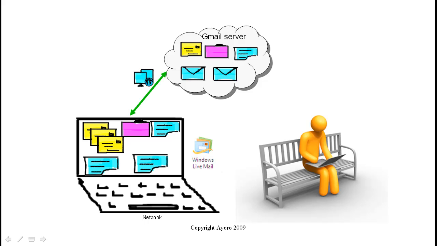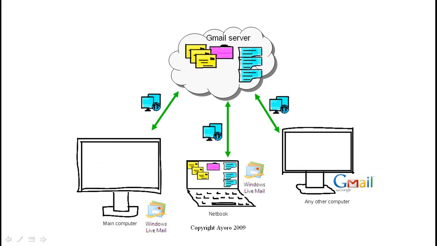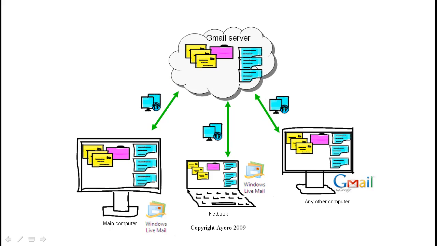So your connection arrives, the emails you've read are marked as read, the emails you've sent are stored on the Gmail server, and when you get back to your main computer, it all synchronizes. And the same goes for Gmail. If you're on anyone else's computer, all your emails are accessible.